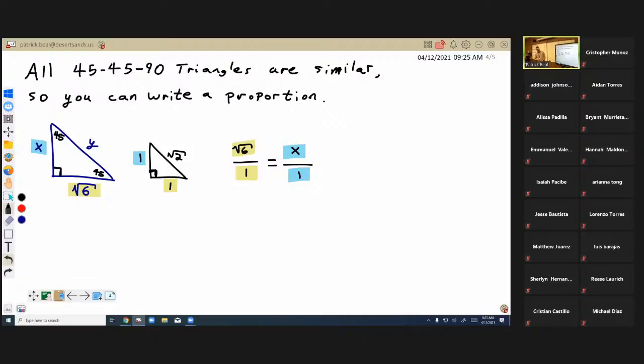Now, of course, in this case, when you cross multiply, I think I could do the highlighting now. I already did that.